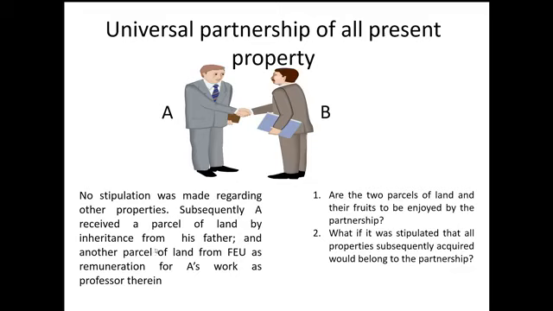Kasi since meron ng stipulation, okay, regarding property subsequently acquired, kasama na siya. Pero hindi nyo pwedeng isama yung mga property subsequently acquired na galing from inheritance, legacy, and donation. Only the fruits. Pero since ito galing sa onerous transfer yan, kasi galing from remuneration, included yung mismong property as well as the fruits. Pero ito, only the fruits. Kasi galing sa inheritance, yung parcel of land.